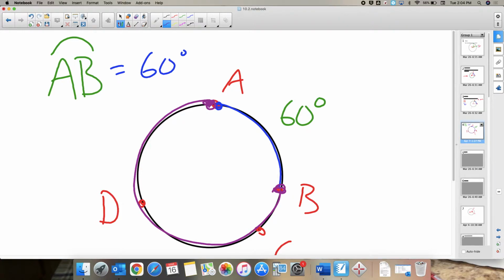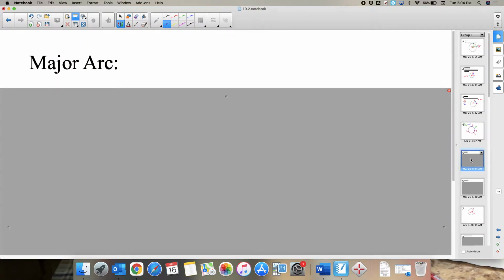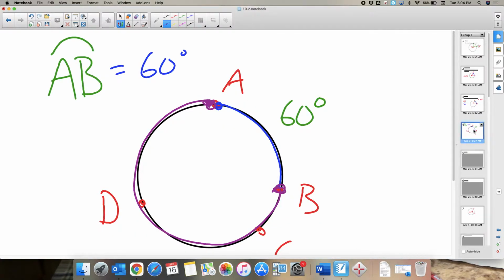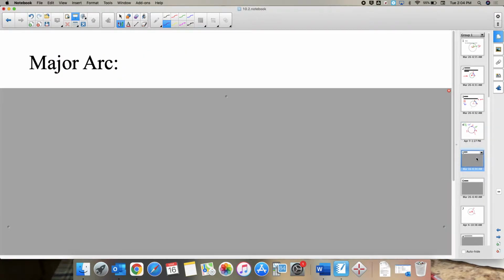It will instead be known as a major arc. And when we go to name it, we cannot name it with two letters anymore. You have to name it with three instead. Anytime you name an arc with two letters, you are going to assume you are going the shortest distance between those two points.